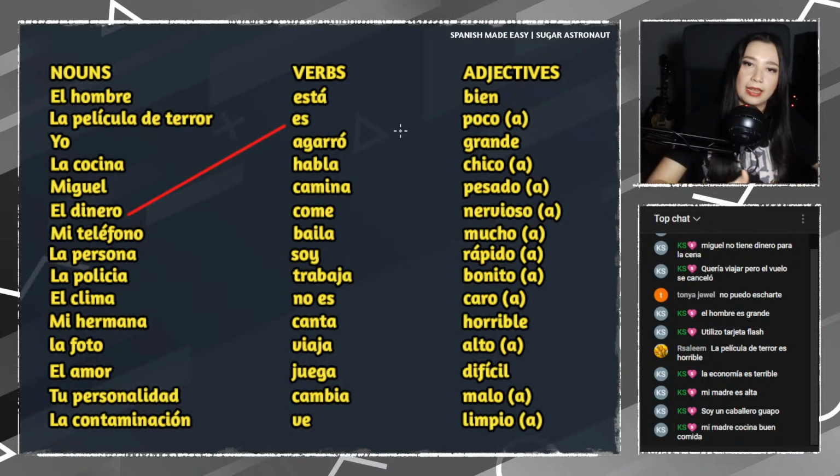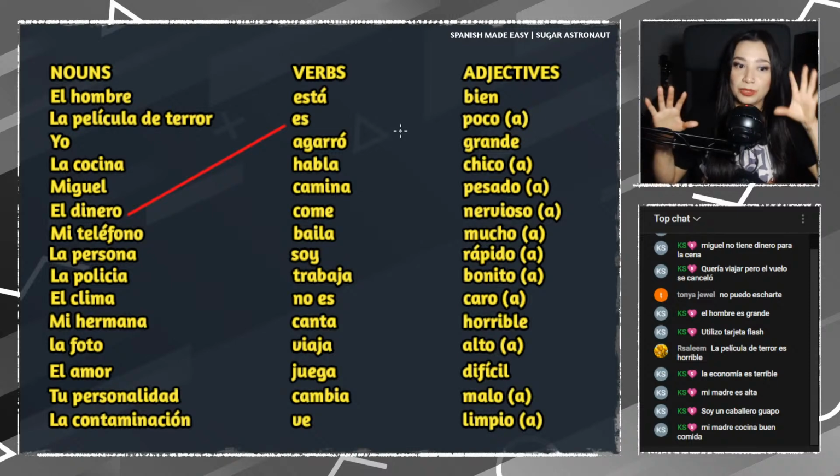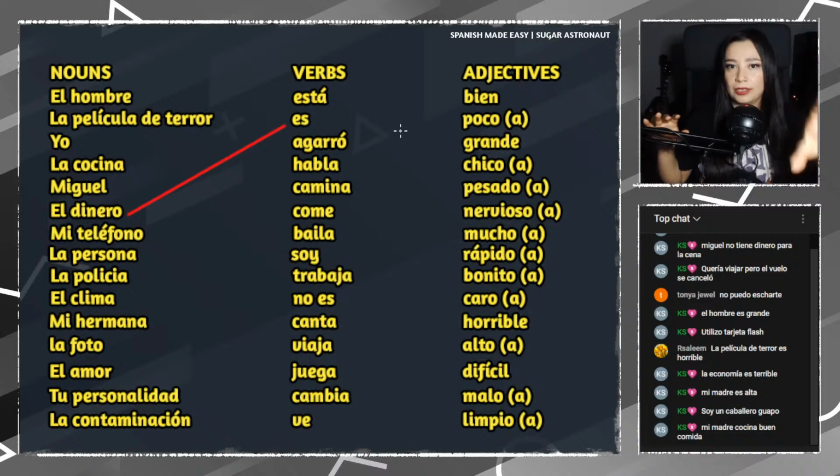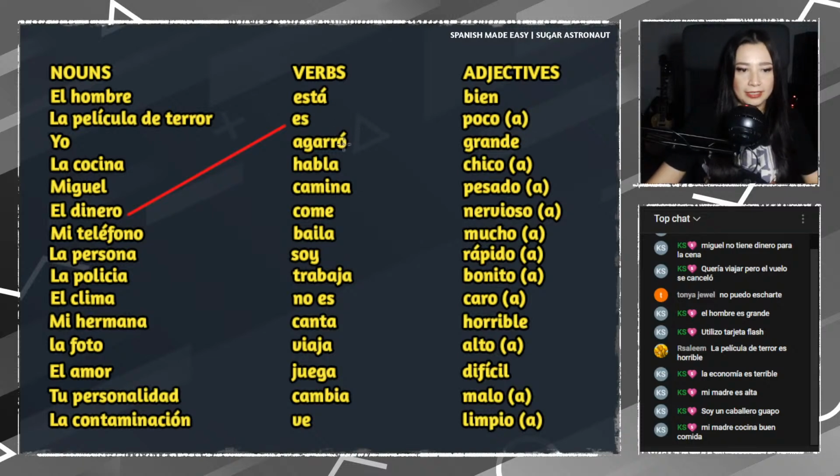Es or está. To be, estar or ser, technically. If you want to start speaking Spanish, you can use those two verbs, estar and ser, and master them because they are used all the time in Spanish. So that's my advice to you.